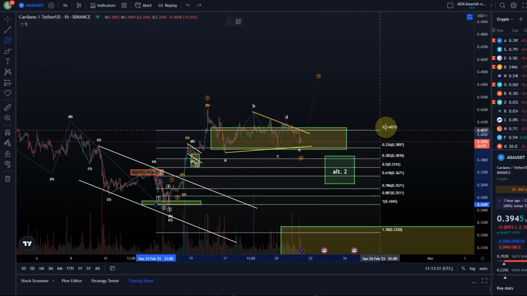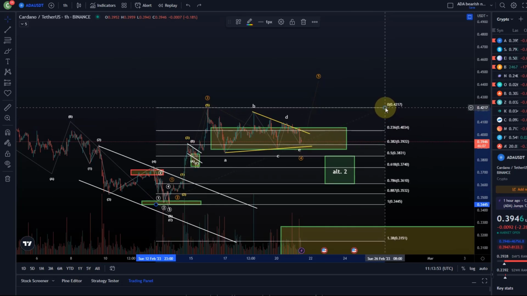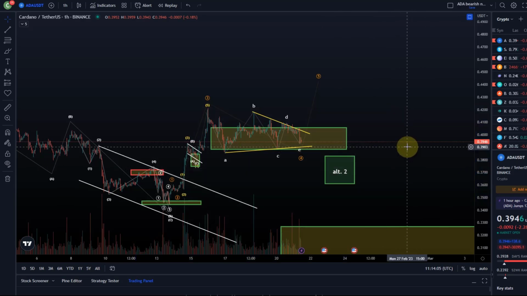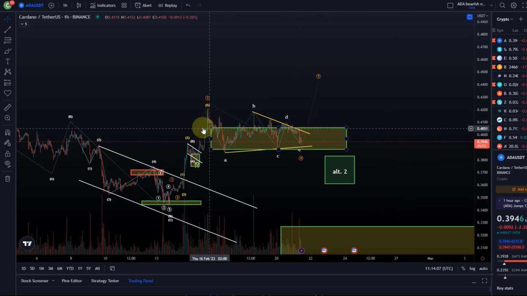So that means we're looking here at the area between 36.1 and 38.3 cents, with the 61.8 FIB retracement sort of in between at 37.4 cents. So these are the relevant patterns.